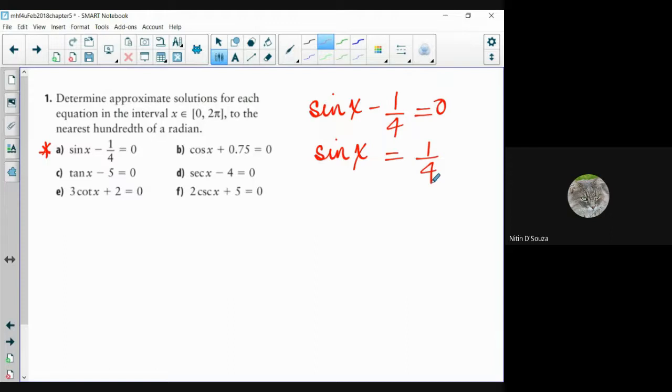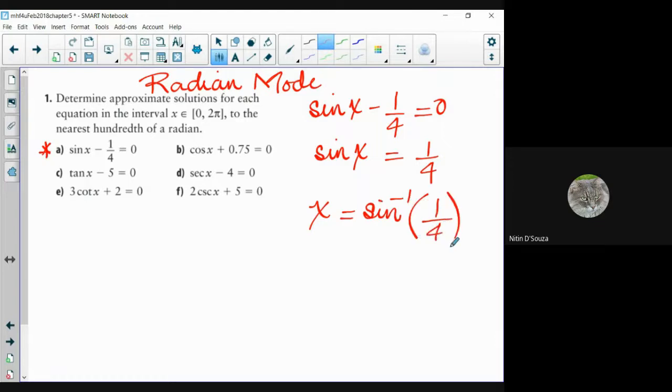So the way you do this on your calculator is, please make sure that your calculator is in radian mode. And then on your calculator, x is going to be sine inverse of 1 over 4. Now we like to round radians to 2 decimal places.